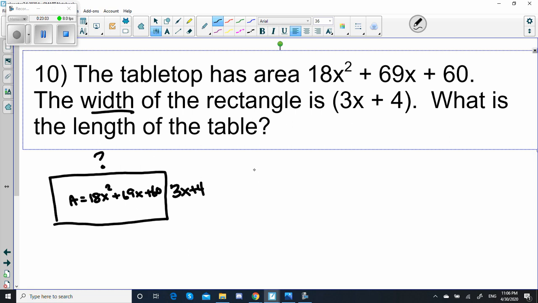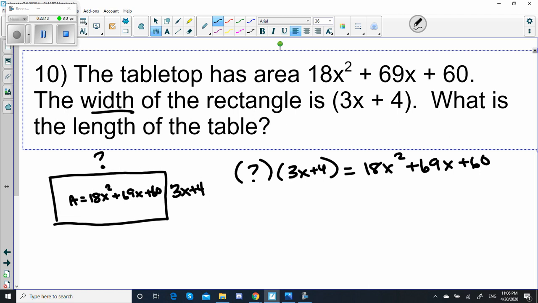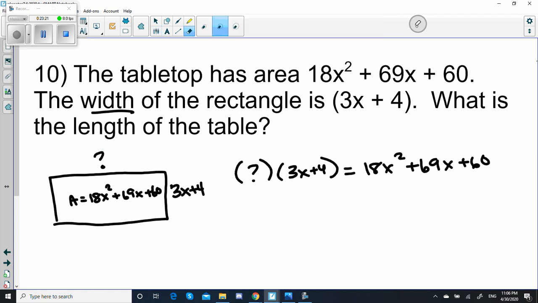So we want to know when we multiply the length times 3x plus 4, do we get 18x squared plus 69x plus 60? So there's a couple things you could do here. You could kind of play with it over here and figure out what you could multiply. Here, let's do it that way. Or we could factor it. We'll do it both ways.